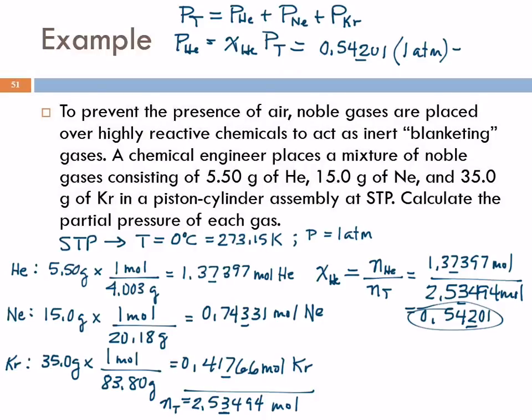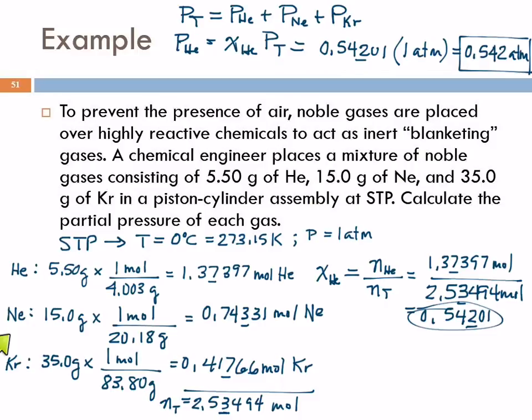So then the pressure from helium is 0.542 atmospheres. The partial pressure ends up being the same as the mole fraction because the total pressure is 1. If the total pressure was something else, then it would change.